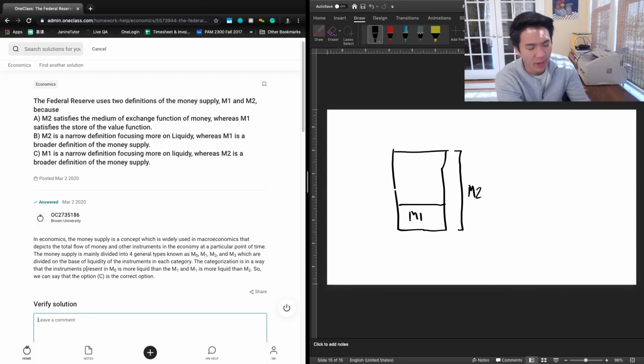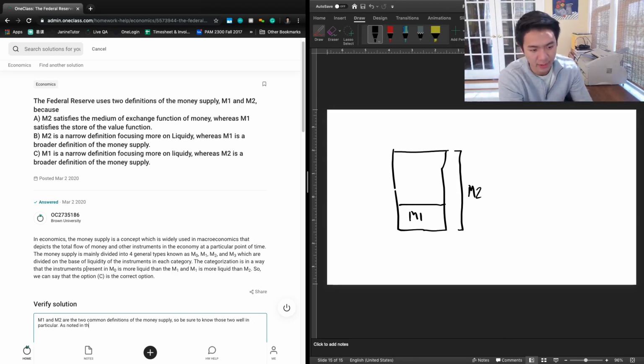Maybe we'll note that M1 and M2 are the most commonly noted definitions of the money supply, since those are the two that the Federal Reserve uses. So be sure to know those two well in particular.